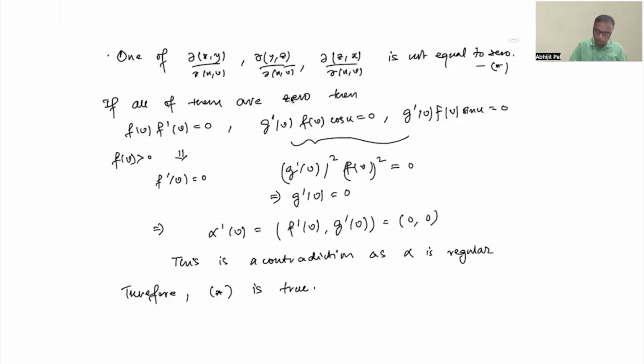So let us assume first that del xy del ub is not equal to 0.